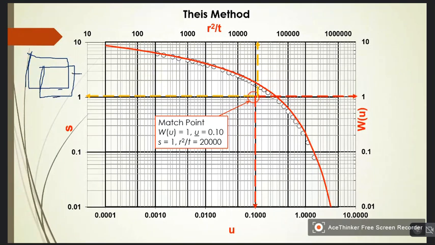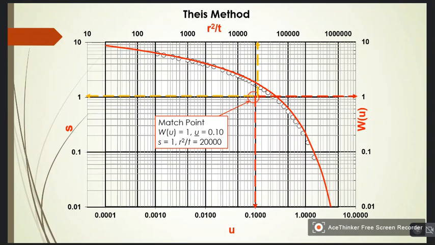And you shift the type curve left, right, or up and down, such that you obtain a matching between the type curve and your observation points. Once you get this matching, then you take any convenient point.